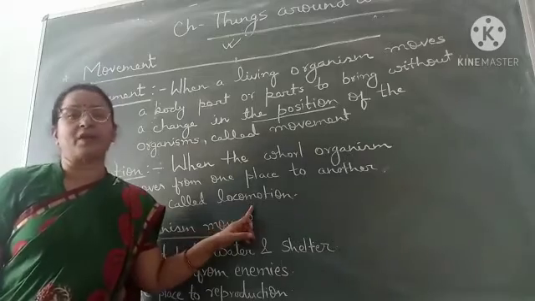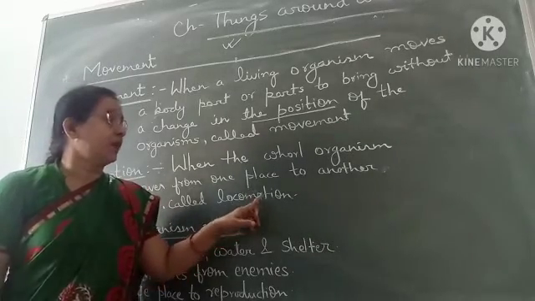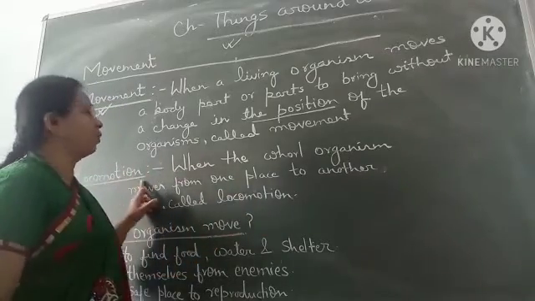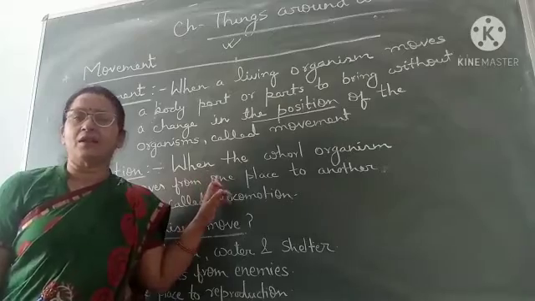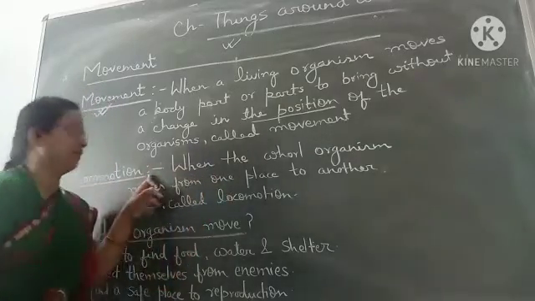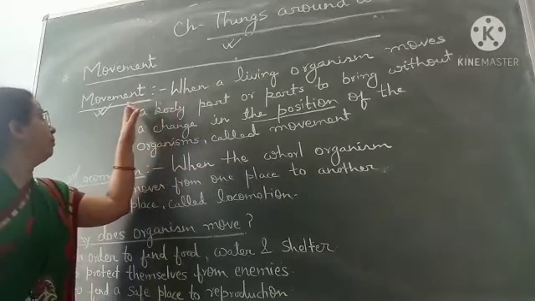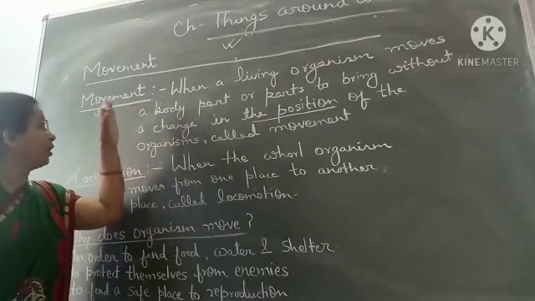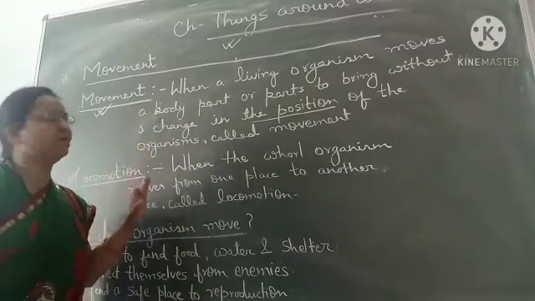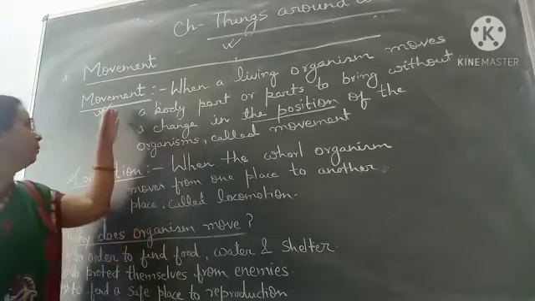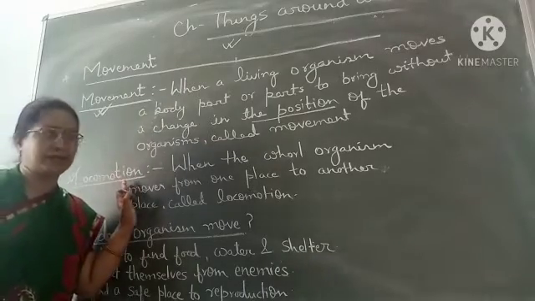Like walking, running, etc. In the case of locomotion, plants and animals show some differences. In plants, only movement is present, whereas in animals, movement and locomotion both are present.